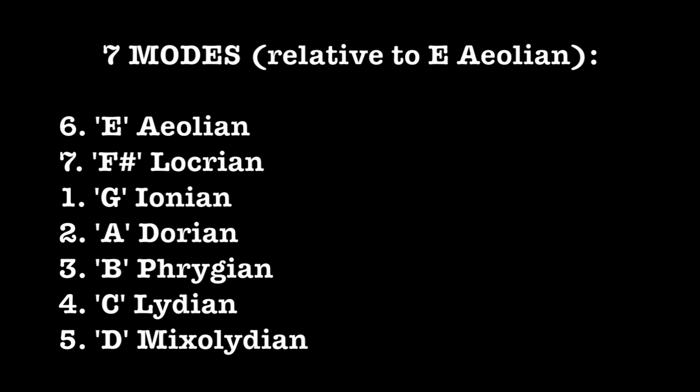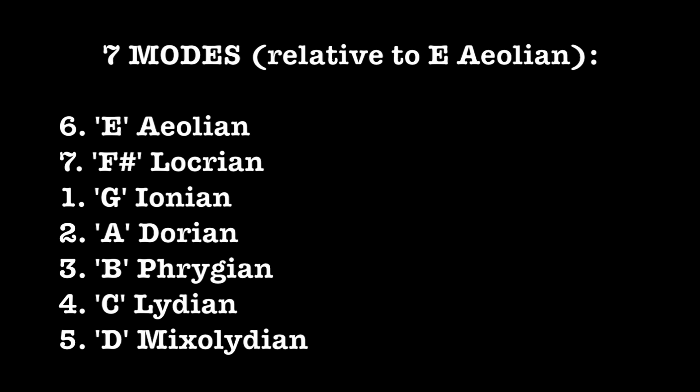As you can see, we've gone from 6, 7, and then 1, 2, 3, 4, 5. This is exactly the same as the relative major to minor concept. We just have 7 options now instead of 2. So now we'll have E Aeolian, F sharp Locrian, G Ionian, A Dorian, B Phrygian, C Lydian, and D Mixolydian.